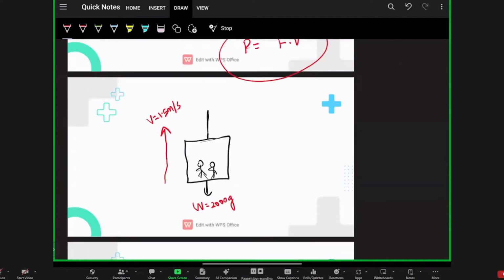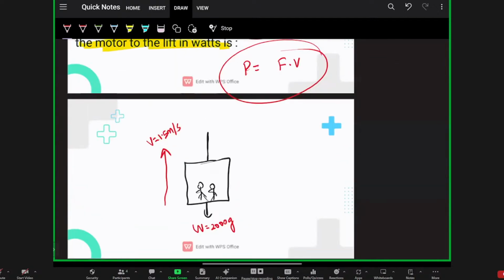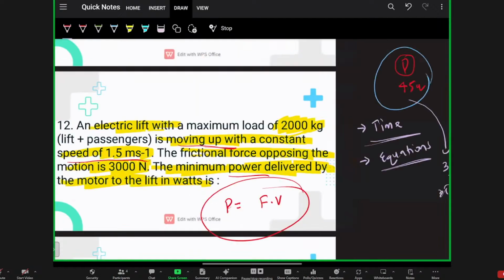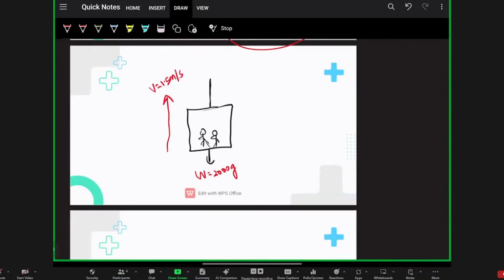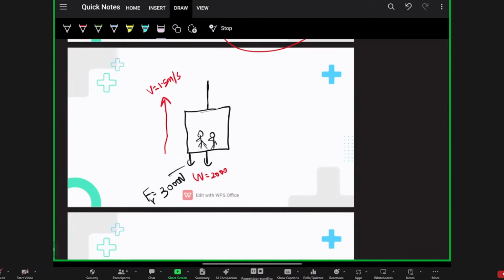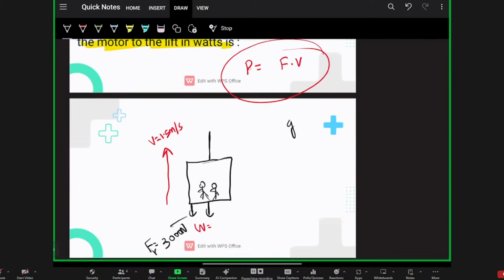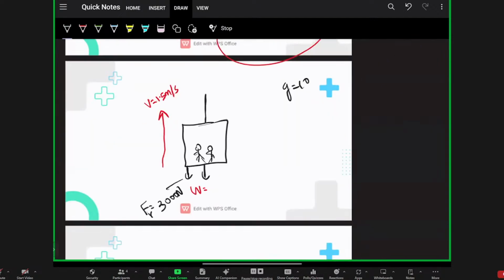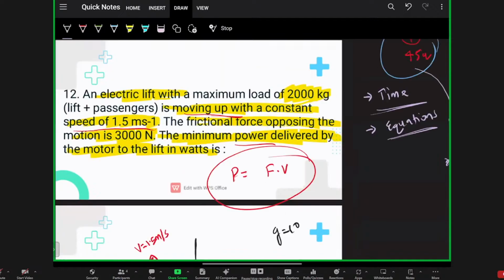Friction always opposes the motion. So the frictional force opposing the motion is 3000 Newton, directed downward towards the ground. Fr is 3000 Newton. The weight is 2000 g; taking g as 10, the weight will be 20,000 Newton.